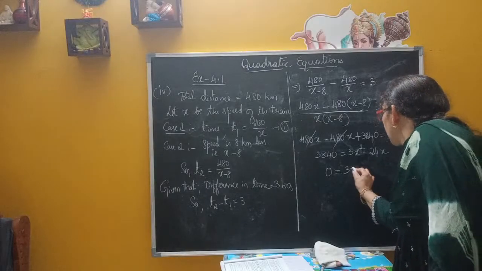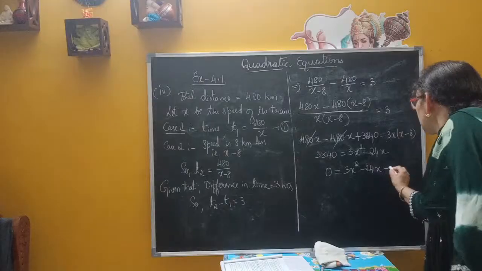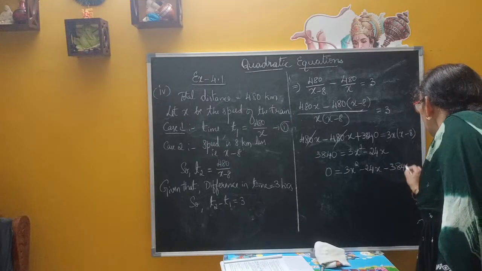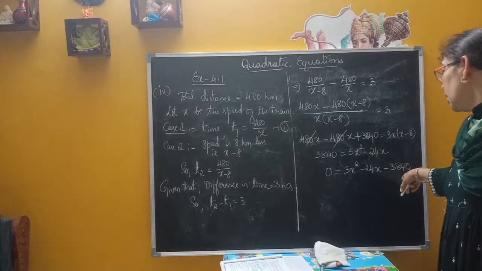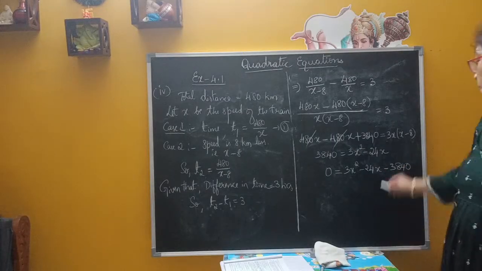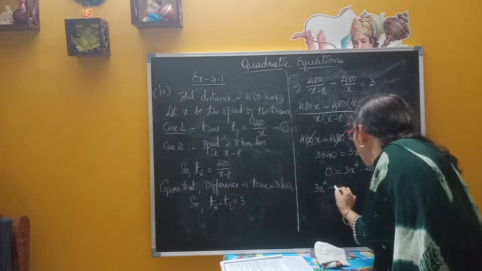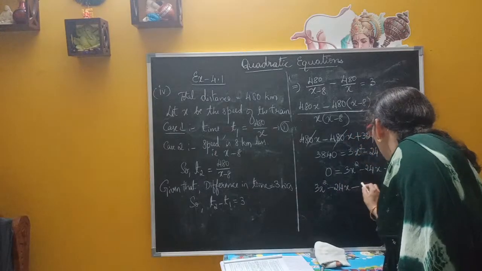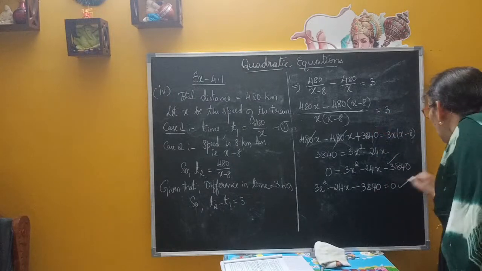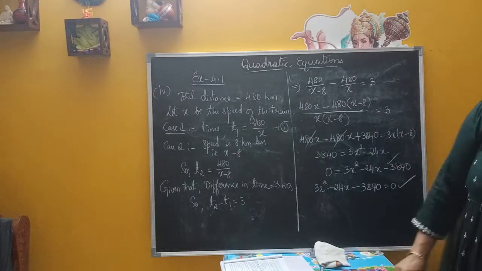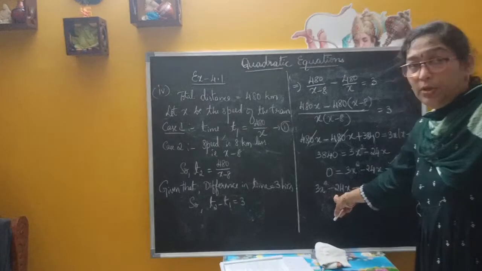So 3x square minus 24x minus 3840, because I am transposing 3840 to the RHS. This is 3x square minus 24x minus 3840 is equal to 0. We got the standard form of a quadratic equation. This is our required equation.